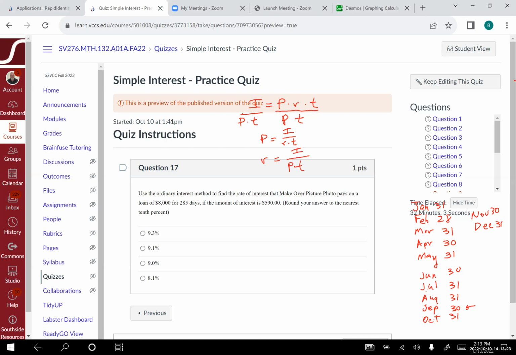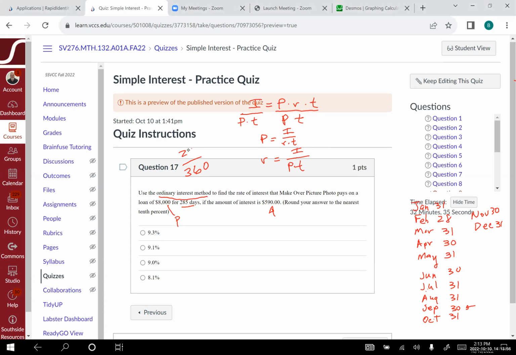Now notice it says ordinary interest method. That means you assume 360 days in the year, so our time will be over 360. Here's your principal. Here's your interest. Here's your time, 285 days, but you divide by 360 this time. So let me give you a second to try that, and then I'll do it on a calculator and see if we agree.